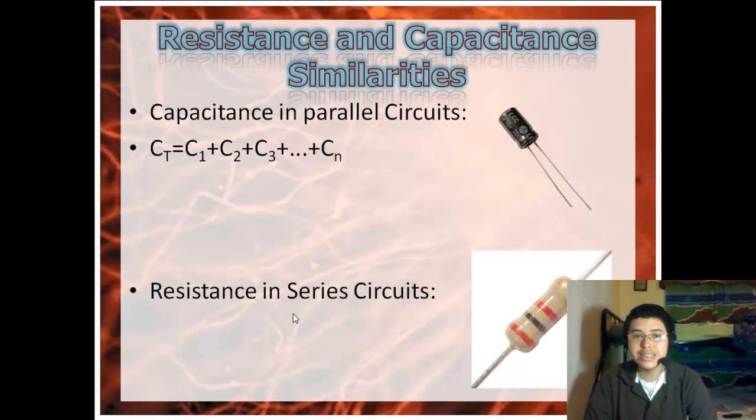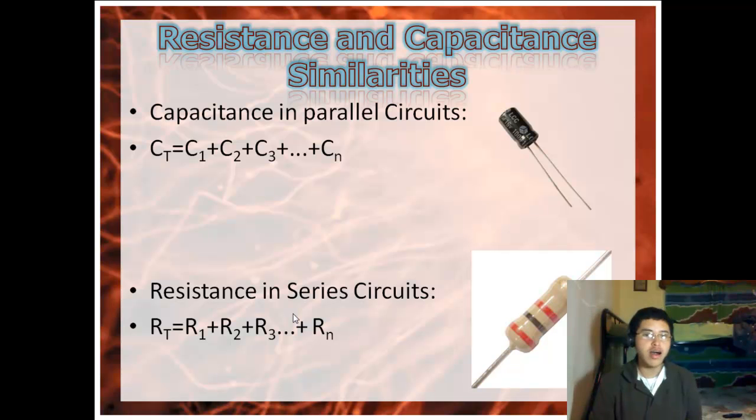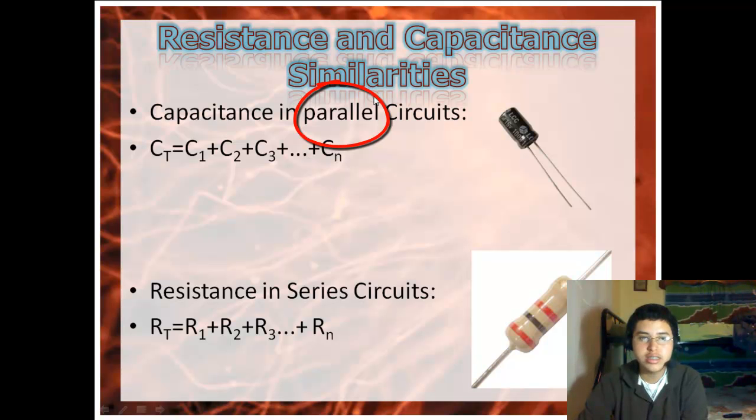While for resistance in series circuits, the total resistance equals the sum of all the resistances present in that system. Note that this equation only works for total capacitance in parallel circuits, and this equation for total resistance only works when resistors are in series circuits.